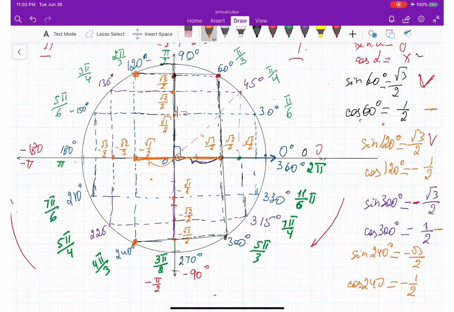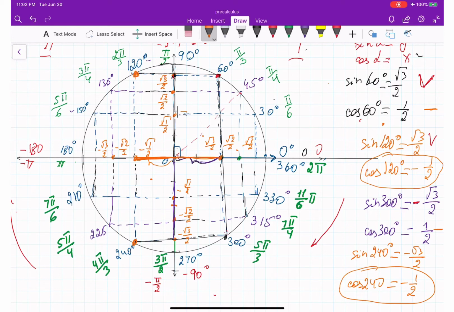Look at this x, cosine x. It's the same, belongs to 120 and belongs to 240. Let's check. Cosine of 120 is negative 1/2, and cosine of 240 is negative 1/2. This is how you read it.